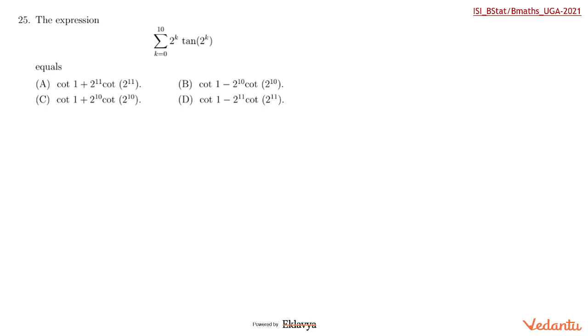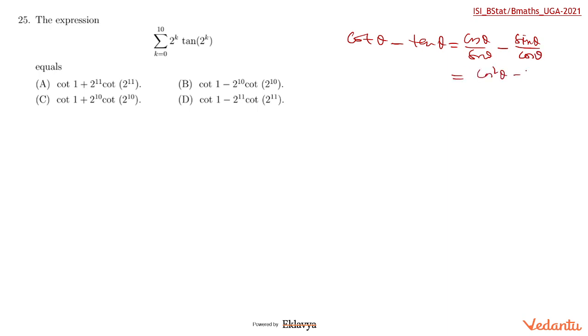Alright, now coming to question number 25, the expression. Observing cot theta minus tan theta is a very common expression. This is cos theta by sin theta minus sin theta by cos theta. This is what?